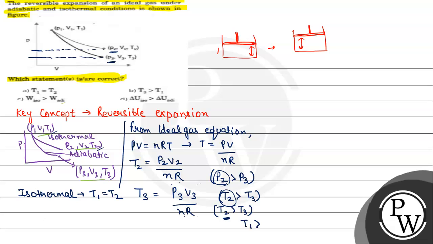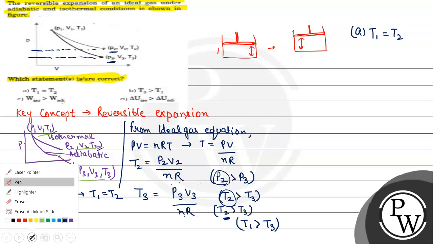So T1 is greater than T3, but option number 2 says the reverse of this. So option B is incorrect, but option A says T1 is equal to T2. So option A is correct. T1 is equal to T2.